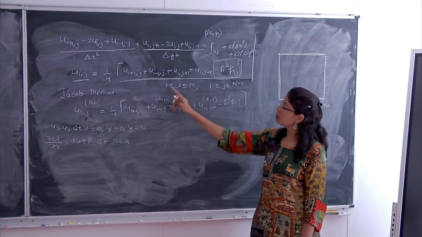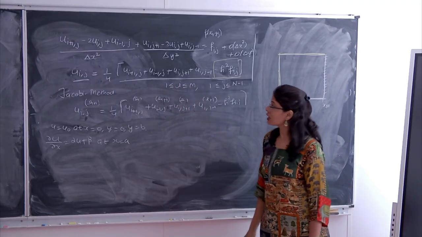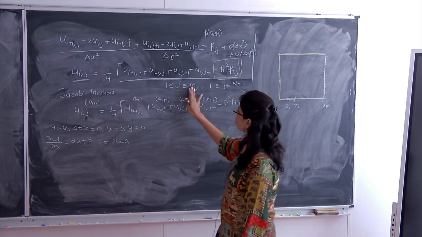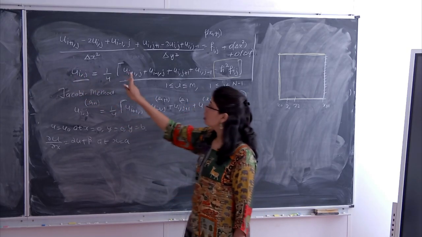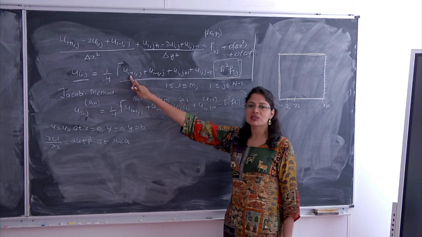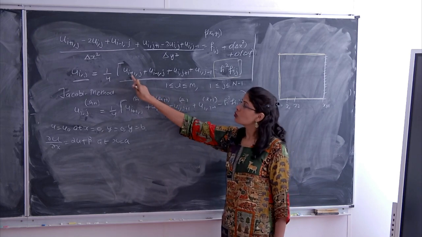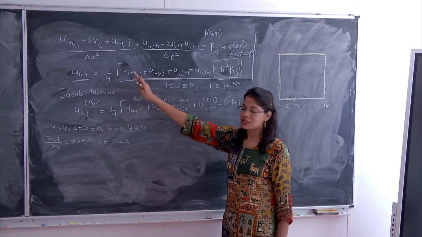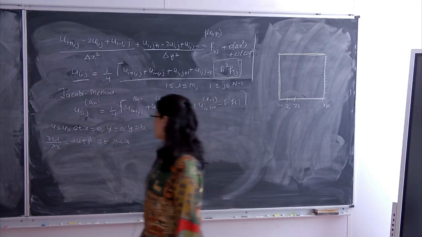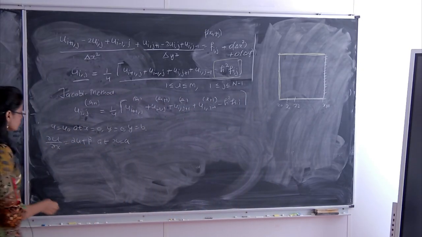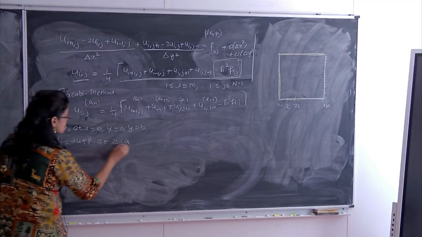So I am taking that equation at m also. What will happen if I put m here? It will be u_mj, and it will have u_(m+1)j. So how do we deal with this u_(m+1)j? For that, our boundary condition is going to help us. Okay, let's see what we can do here. This is at x equal to a.